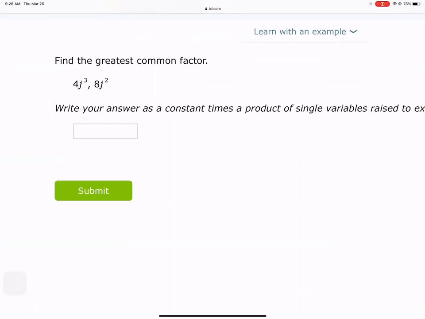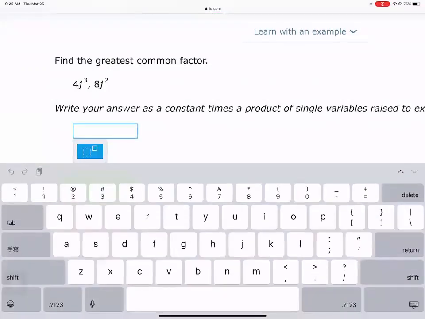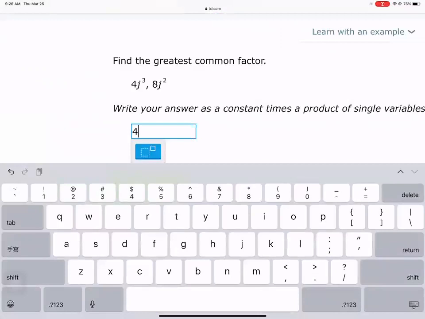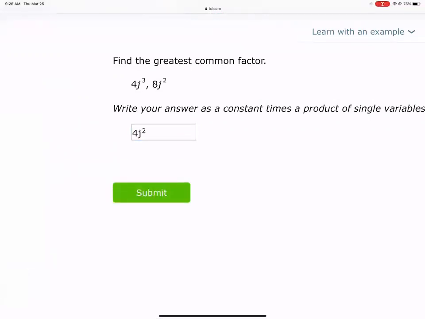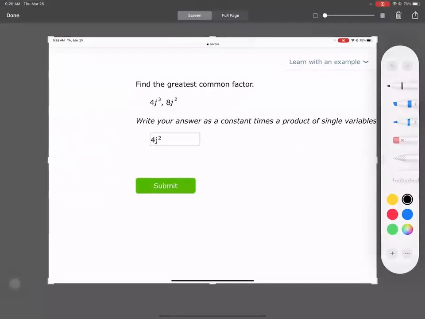So we have 4 in common, and how many j's do we have in common? Is it just 1? Since they're both squared, we actually have 2 of them. So we're going to type 4j, hit the squared button, right? Because they have at least 4 in common, as well as our j squared. Let's go ahead and write this out to show you this. 4j cubed and 8j squared.